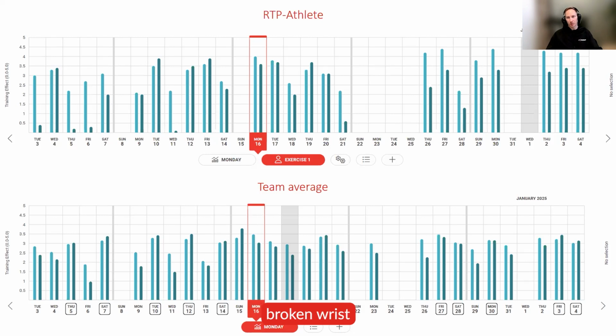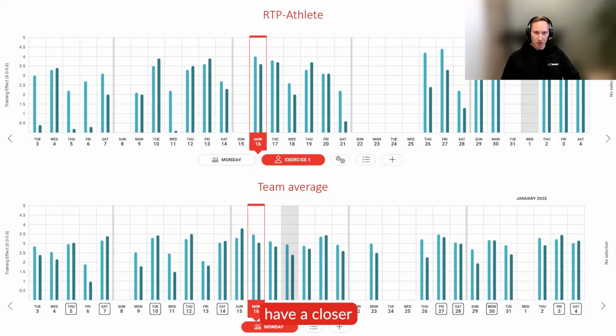So he had the broken wrist, so he couldn't do the same things, and he couldn't participate in team training. But in individual training with the strength and conditioning coach, they were able to replicate the training effects of team training and the games, which is quite an important part in terms of conditioning when you want to make sure that the cardiovascular system is ready for the game demands. So let's have a closer look at it.